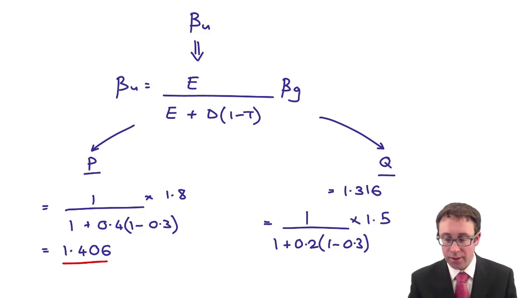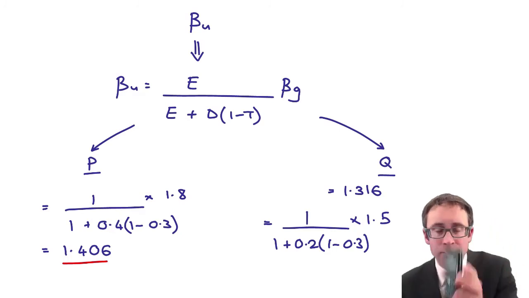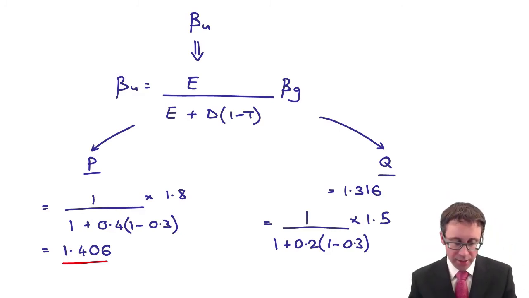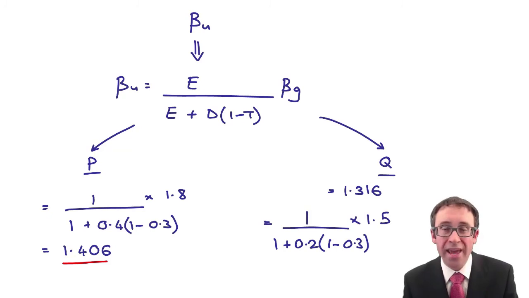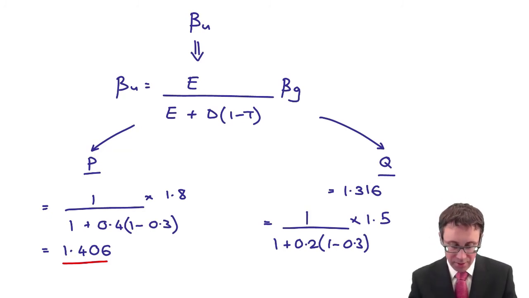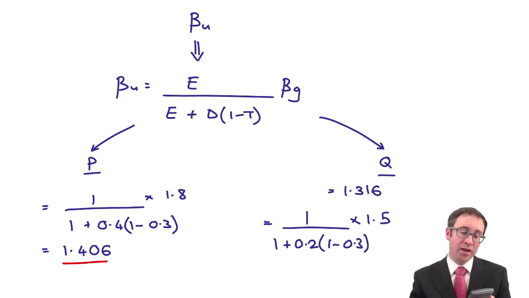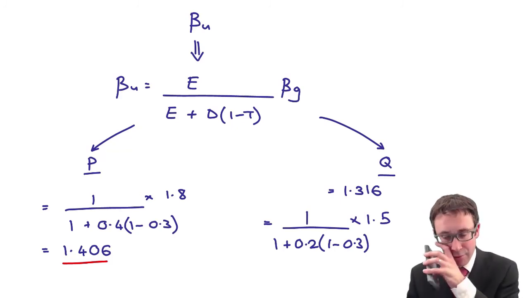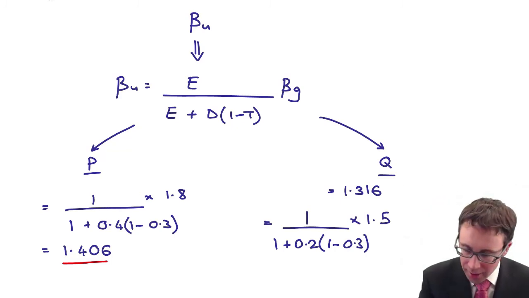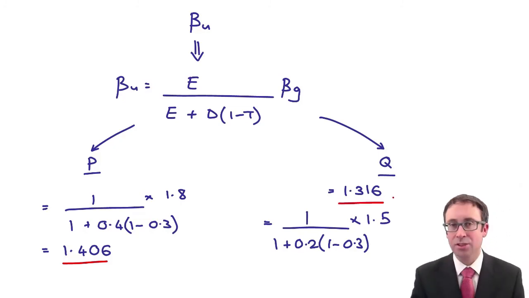Add 1 is 1.14. 1 divided by 1.14 is 0.87719298825, and then times that by 1.5 gives me 1.315789474. To you and I, 1.316.